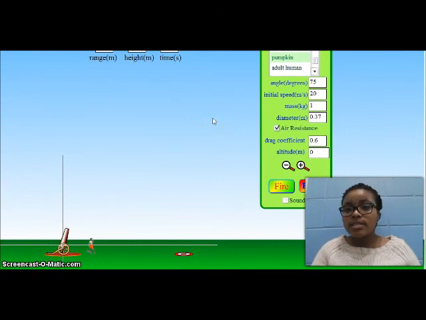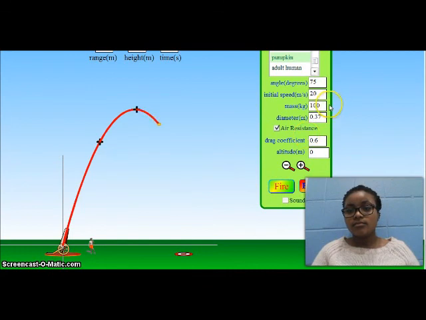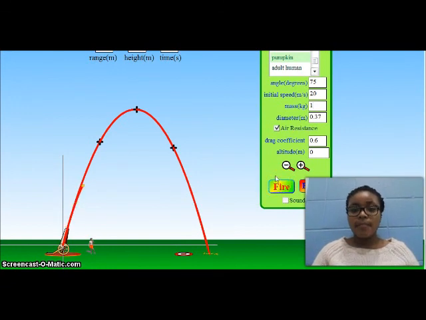However, with air resistance, you can see the difference. First, we are going to fire a 100 kilogram pumpkin. And next, we will fire a 1 kilogram pumpkin. You can see the difference between the two trajectories when air resistance is taken into consideration.